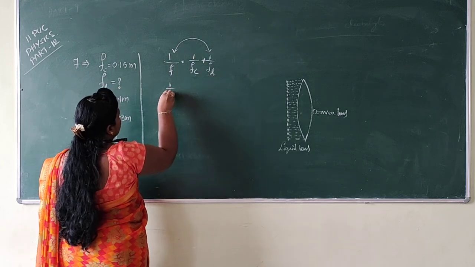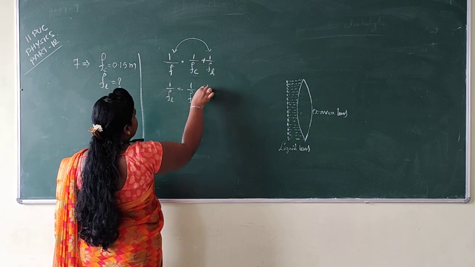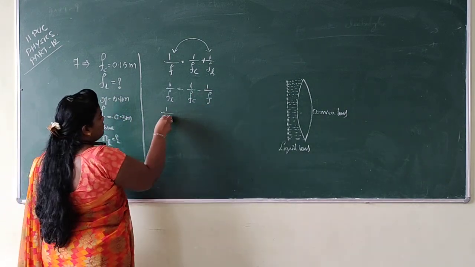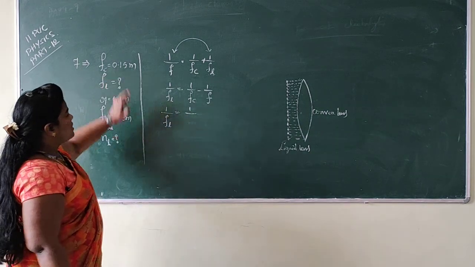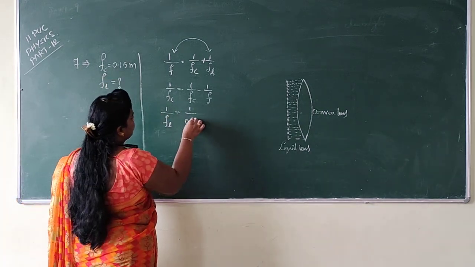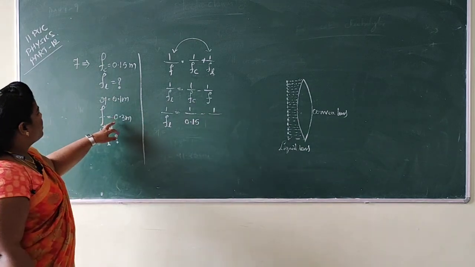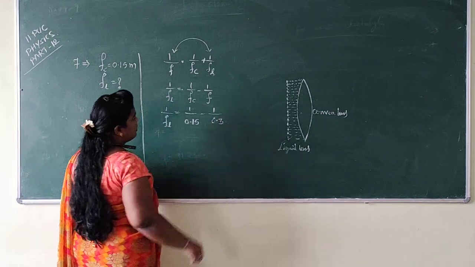What I will get: 1 by FL is equal to 1 by FC minus 1 by F. So now 1 by FL is equal to 1 by 0.15 meter minus 1 divided by F, where F is 0.3.